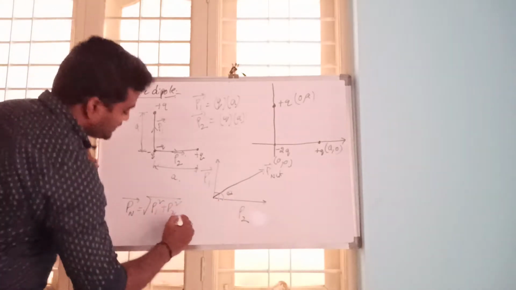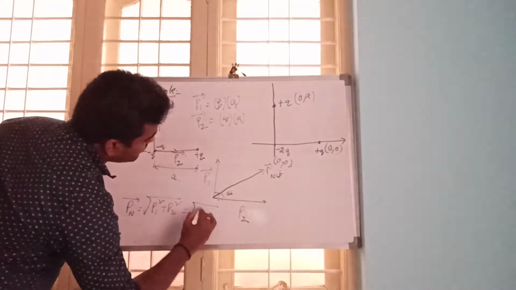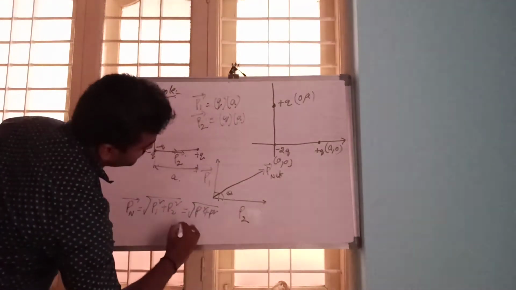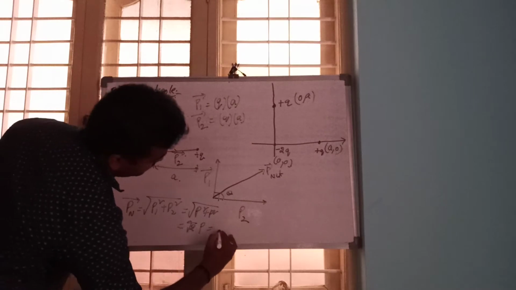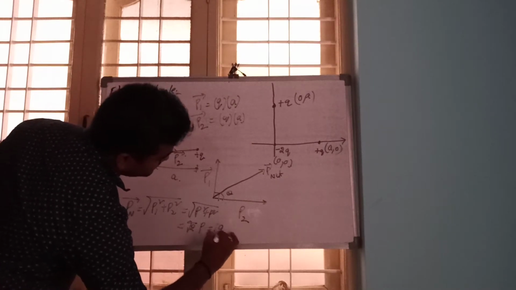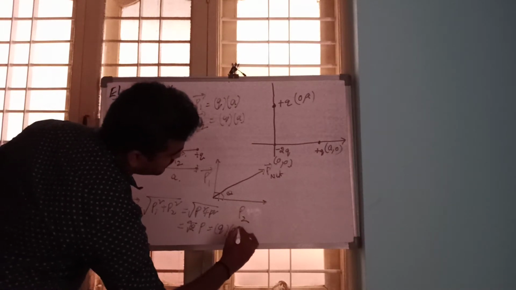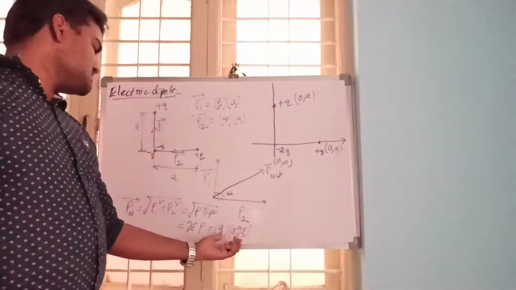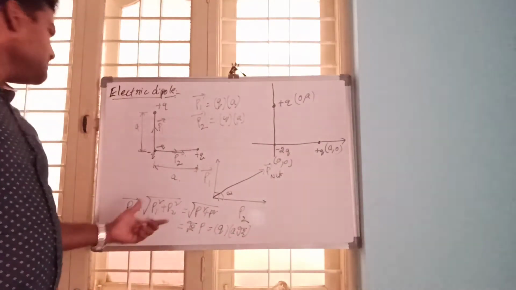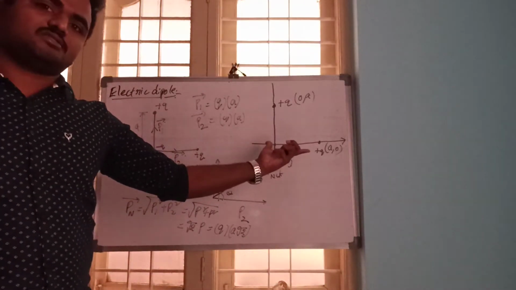So we write root of P squared plus P squared, which equals root 2 times P, which equals q times a root 2. This is the net dipole moment of the given set of charges.